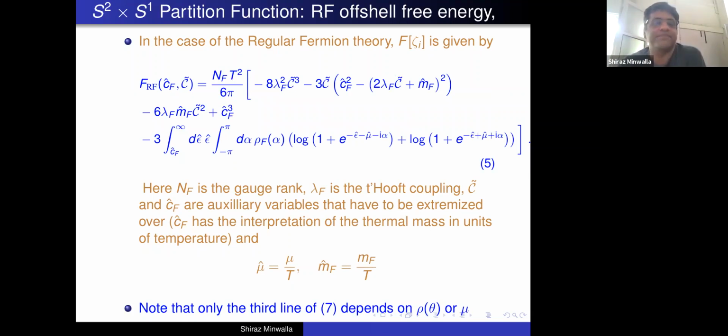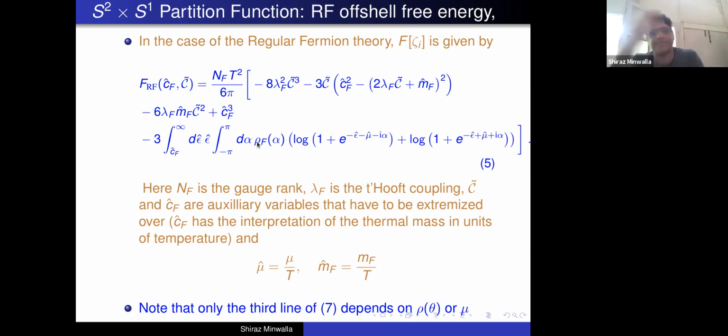this theory. Okay, and in the case of the regular fermion theory, it's given by this quantity. Here, C tilde F, C tilde CF and C tilde curly C tilde are auxiliary parameters, and rho is the eigenvalue density function of the matrix.